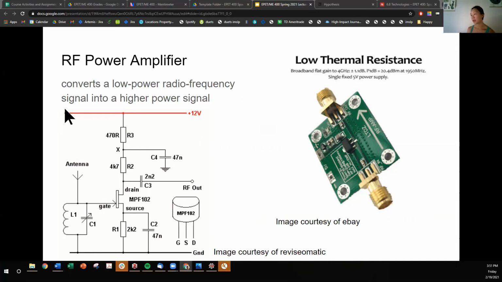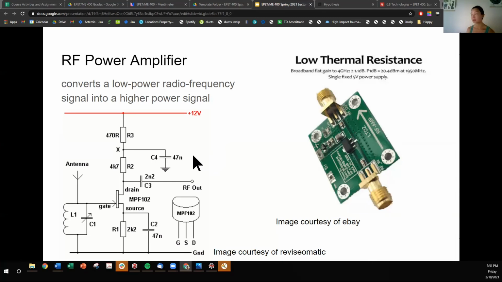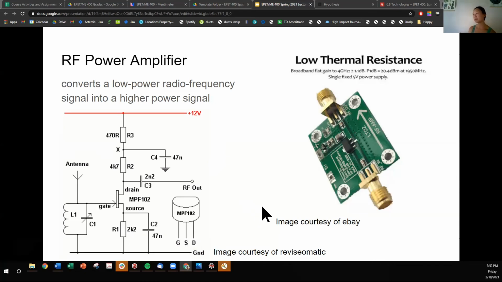This is a circuit diagram of what a power amplifier could look like, where there are a bunch of capacitors and, I think, inductors that make up amplifiers. No, it might be resistors and capacitors that make up amplifiers. The electrical engineers will recognize a lot of these shapes, but pretty much you have your RF signal coming in here.